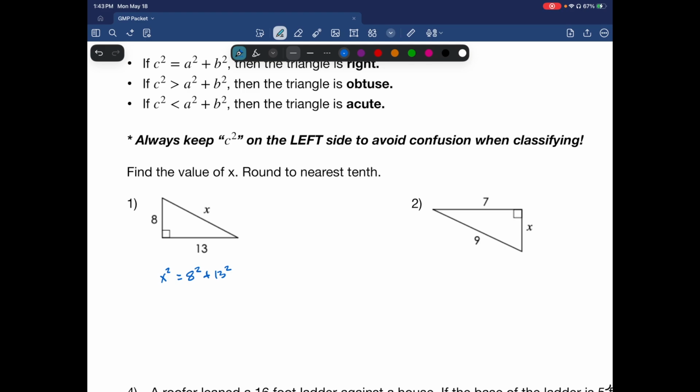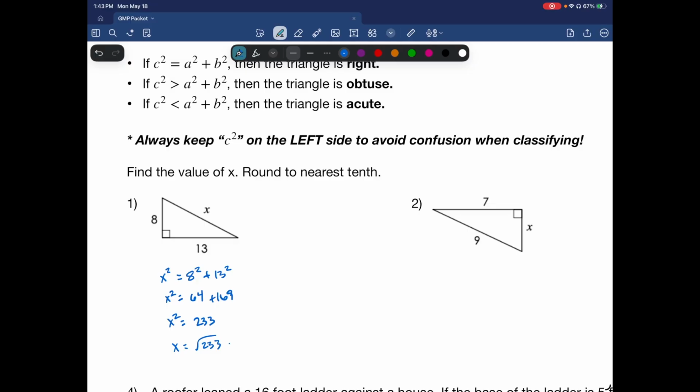So x squared equals 64 plus 169. X squared equals 233. So when I take the square root, x equals the square root of 233.